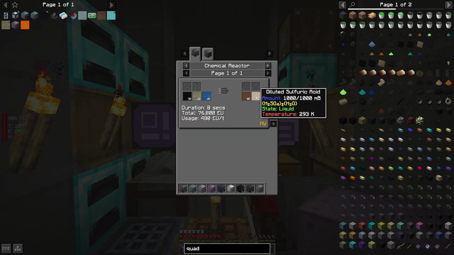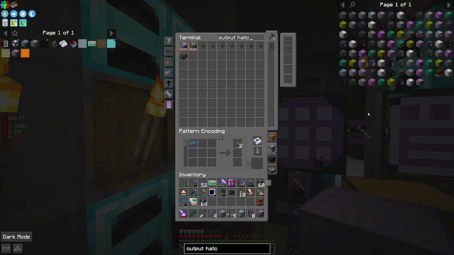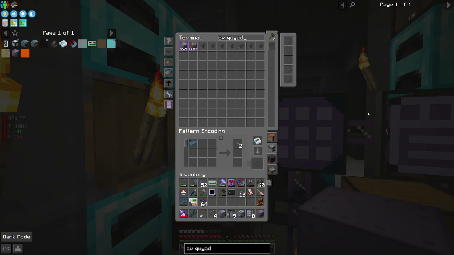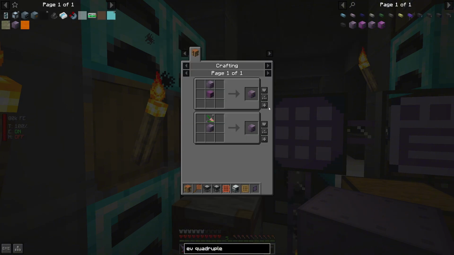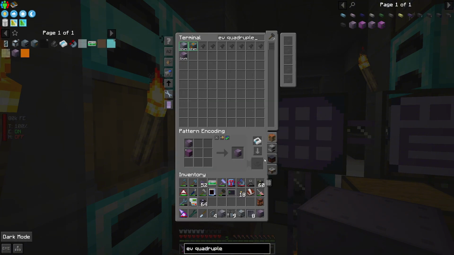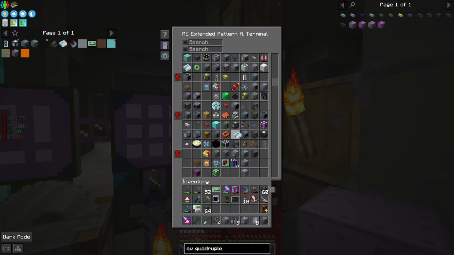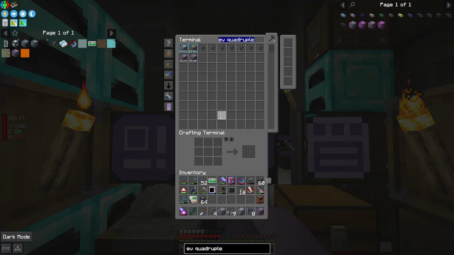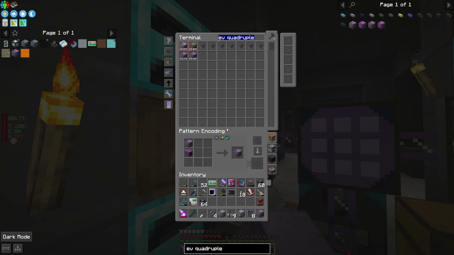I should probably make the output hatch too. So let's do that as well. EV quad. Oh my god, can I spell it correctly? Thank you. EV quadruple output. It should just be the same thing, but reversed. Oh, okay, we need the output hatch, right?